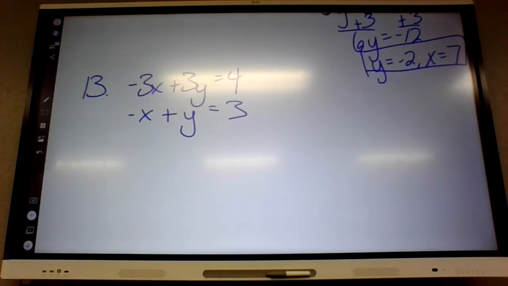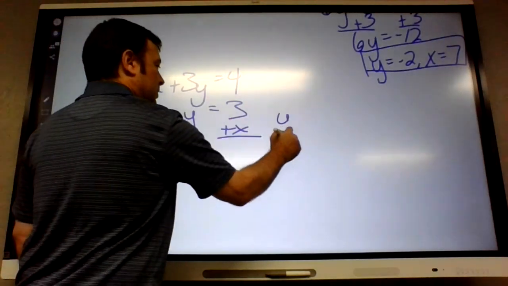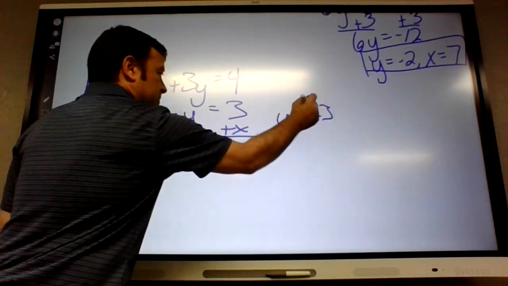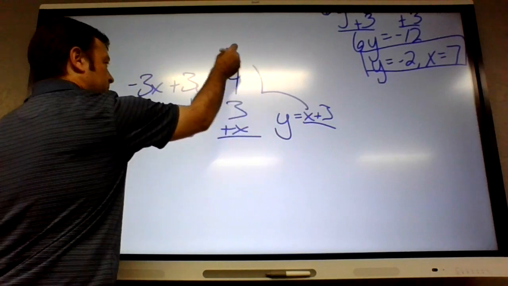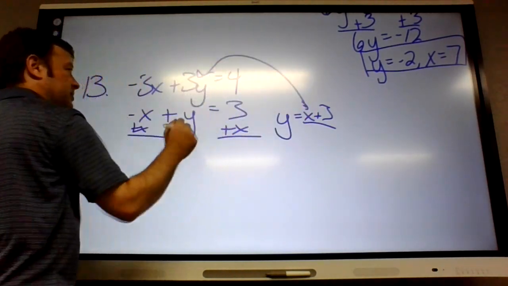This is for Forrest. Alright, Forrest, what do we do? You add the x, so y equals x plus 3. This came from the bottom one, so we have to plug it into the top one. So what will the top equation become?